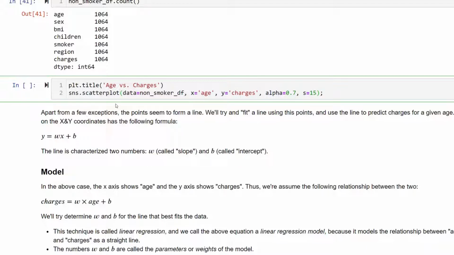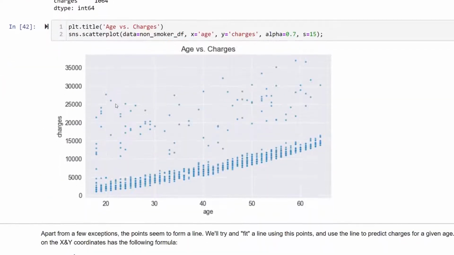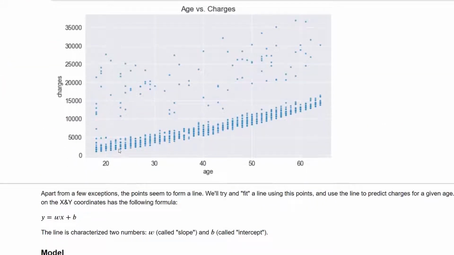In this graph we can see the trend of increasing charges for non-smokers as age increases. By seeing the graph, you can see a trend of increasing medical charges as the age increases.